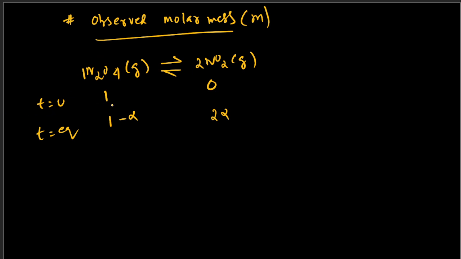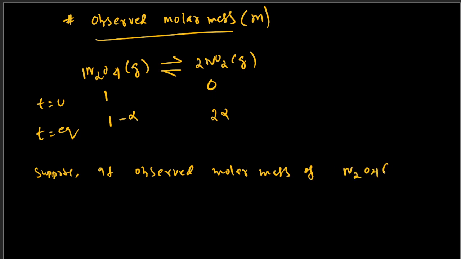Now, suppose the observed molar mass of N2O4 gas at equilibrium is 80 gram per mole.